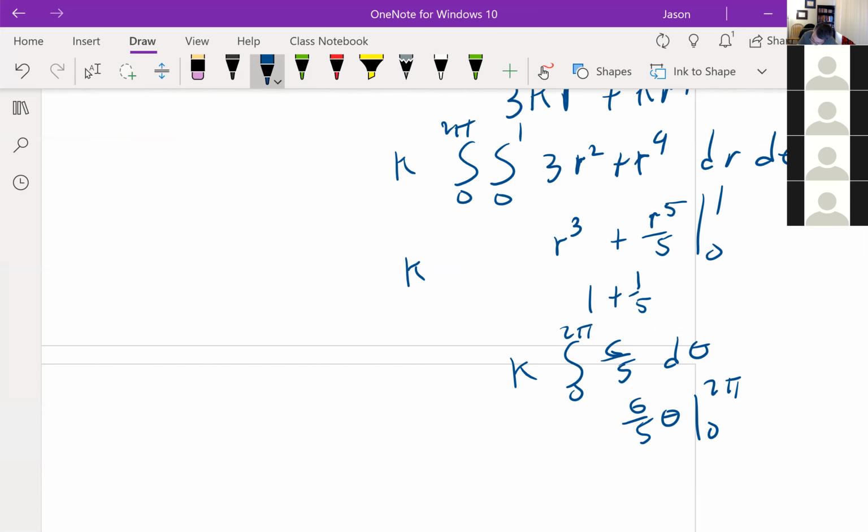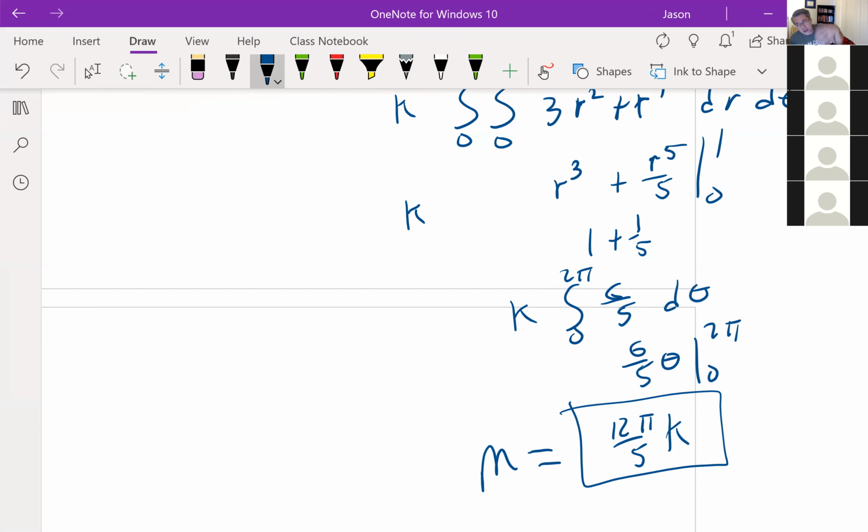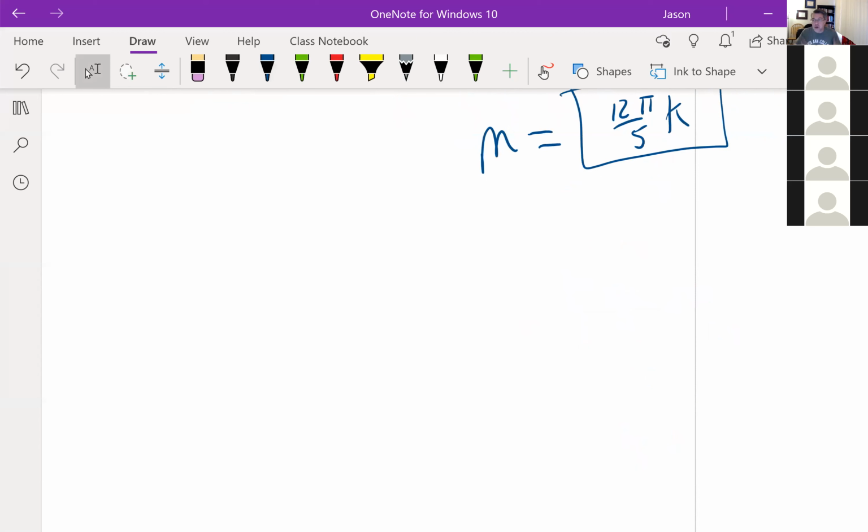Plug in 2 pi, that's 12 pi over 5 times k. Boom. And that's the mass, depending upon whatever my proportionality constant is. Okay, let's do one last one here, since we're having so much fun.